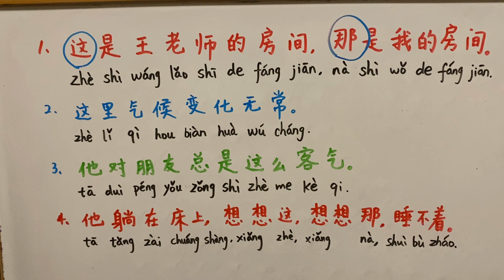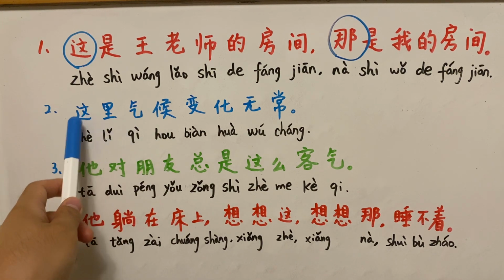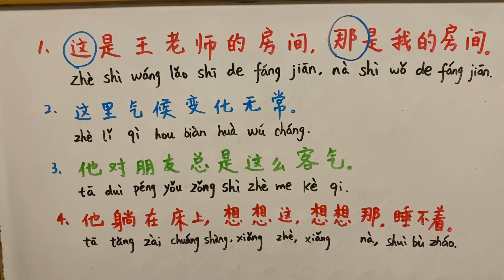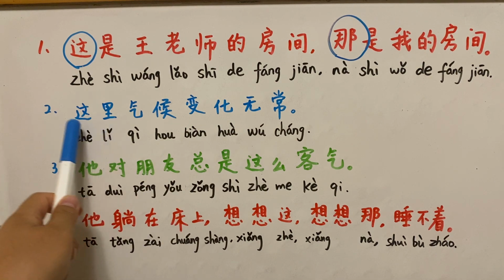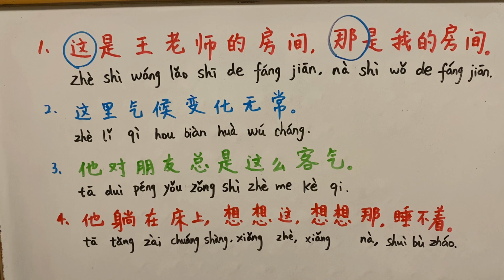There are no rules or no principles in it. 变化无常。这里气候变化无常。Here, the climate is changing all the time or changing abnormally.